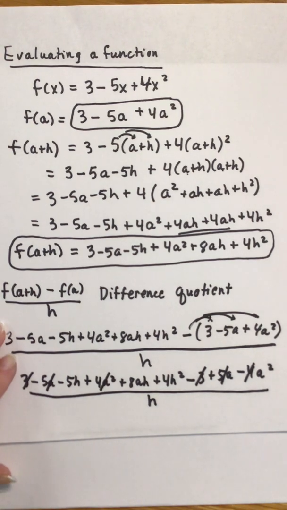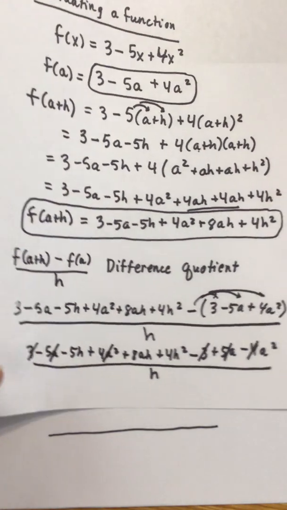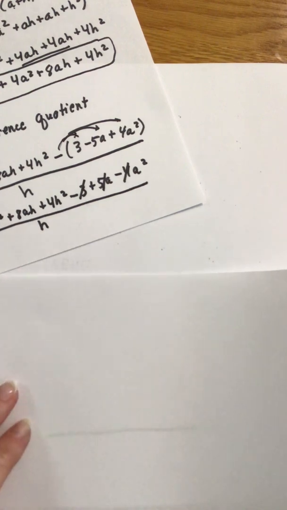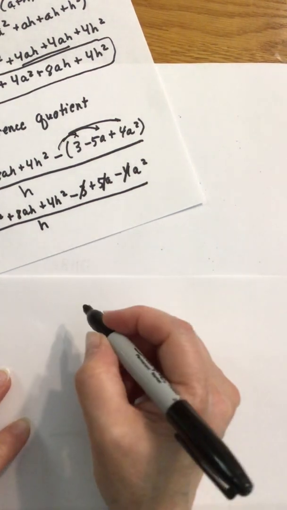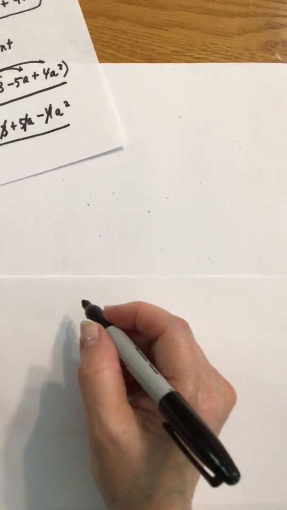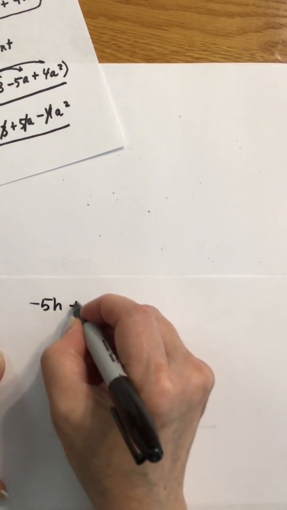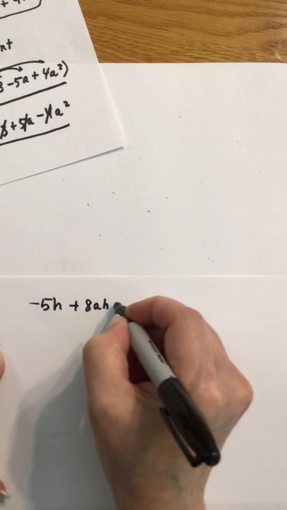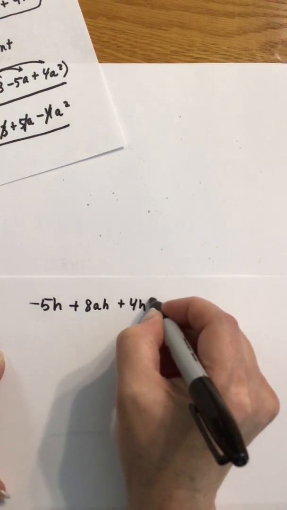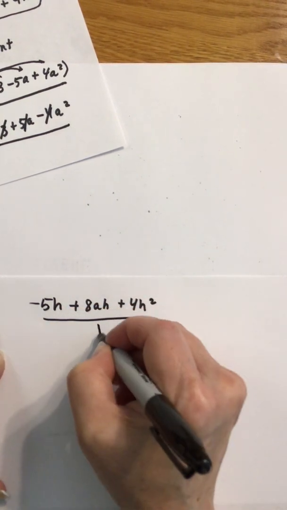So now we're going to bring over what we have so we can finish it out. So we have negative 5H plus 8AH plus 4H squared all over H.